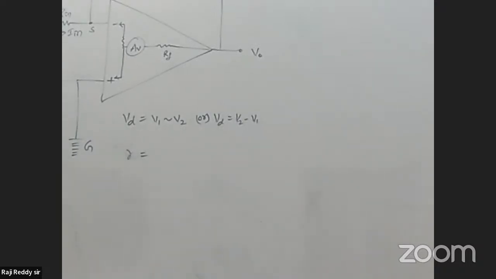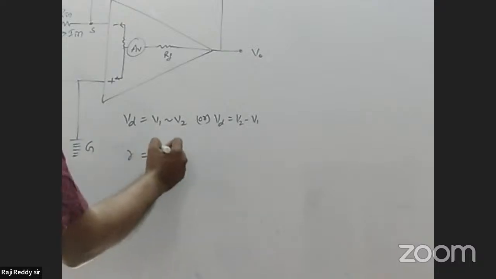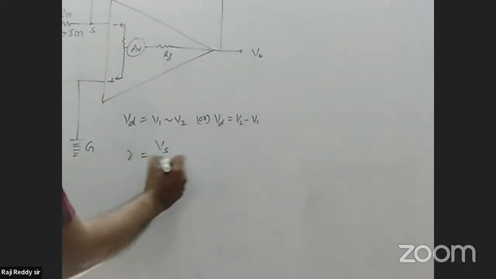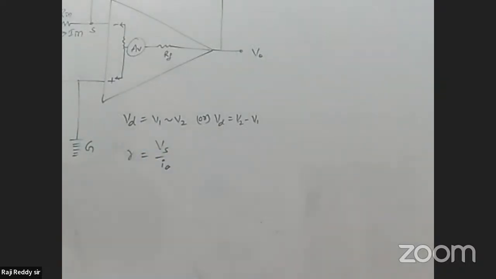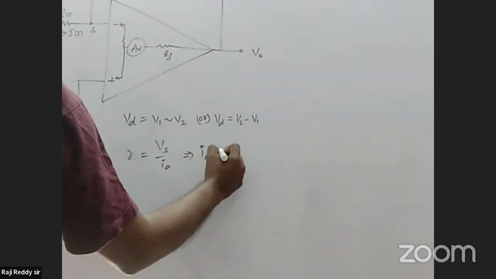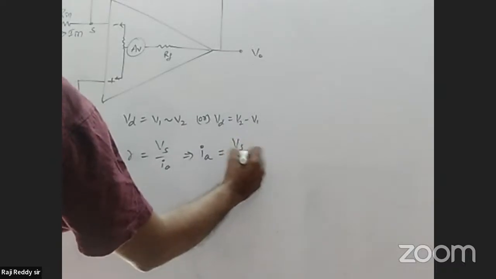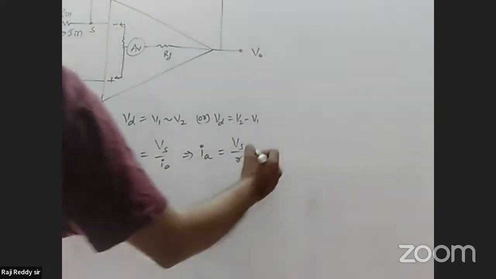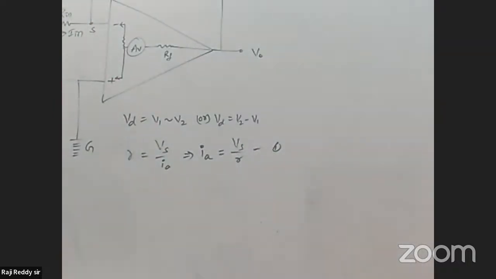R is equal to Vs by Ia, the current at this terminal A. From this, the input current Ia is equal to Vs by R. You can assume it as equation one.